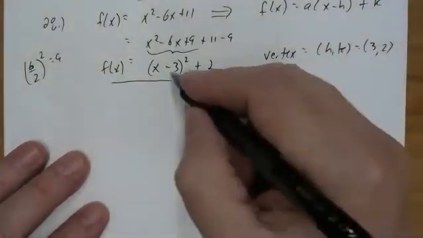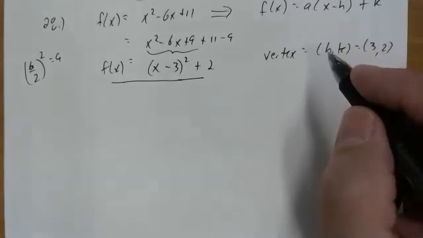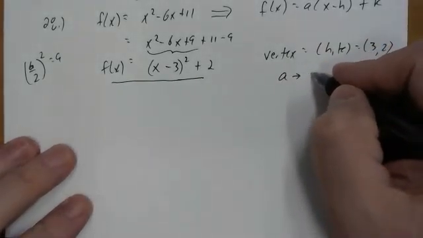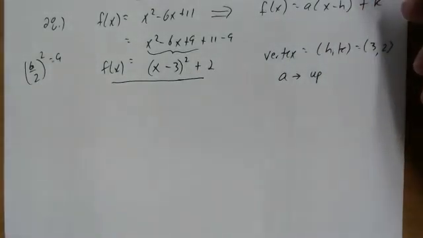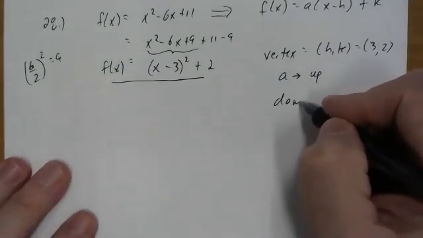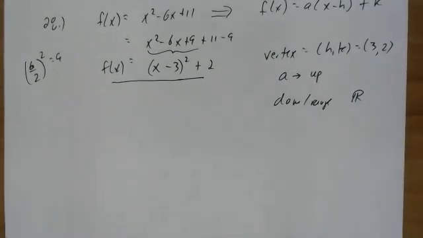And opens up or down, what's the number in front of the parenthesis? It's a 1, which is positive. So it opens up. The domain and range are both all real. Is that all they ask?